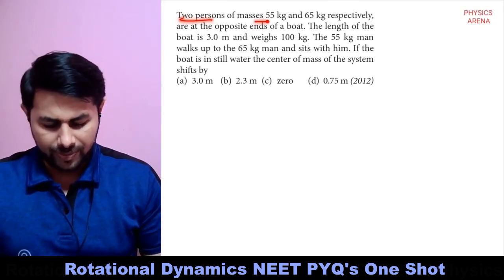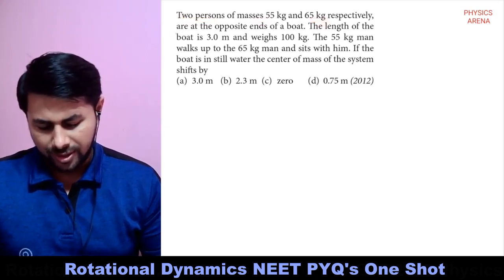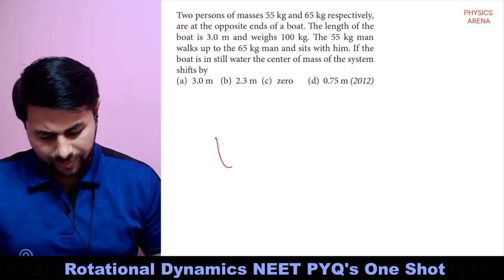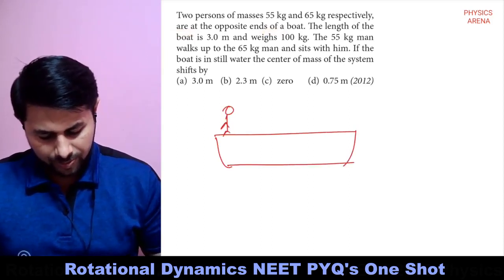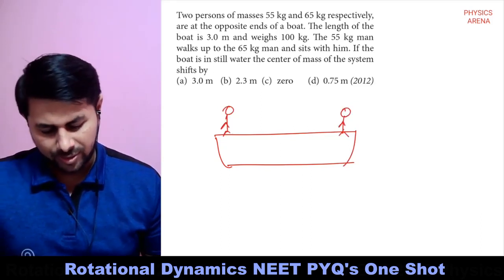Two persons of masses 55 kg and 65 kg respectively are at opposite ends of a boat. So you have a boat. These are two people on opposite ends of the boat.